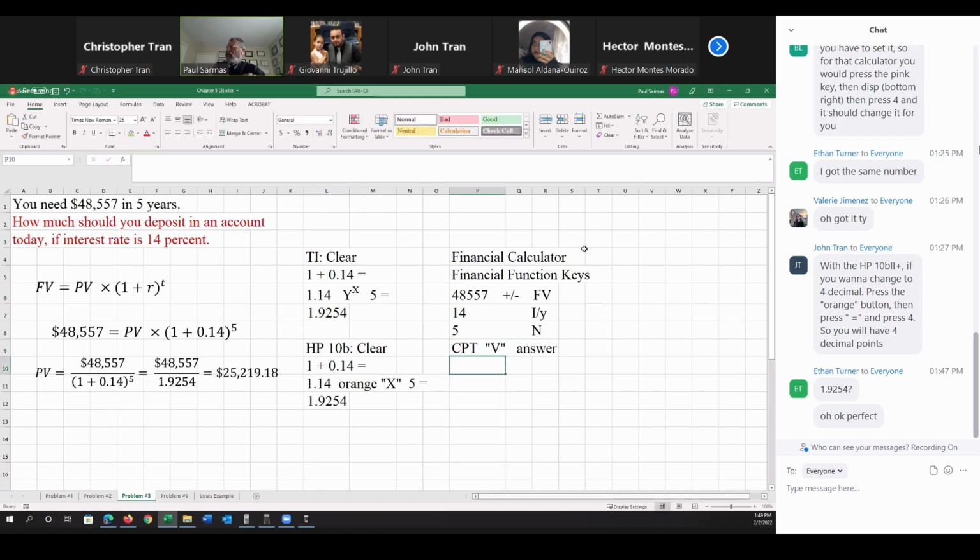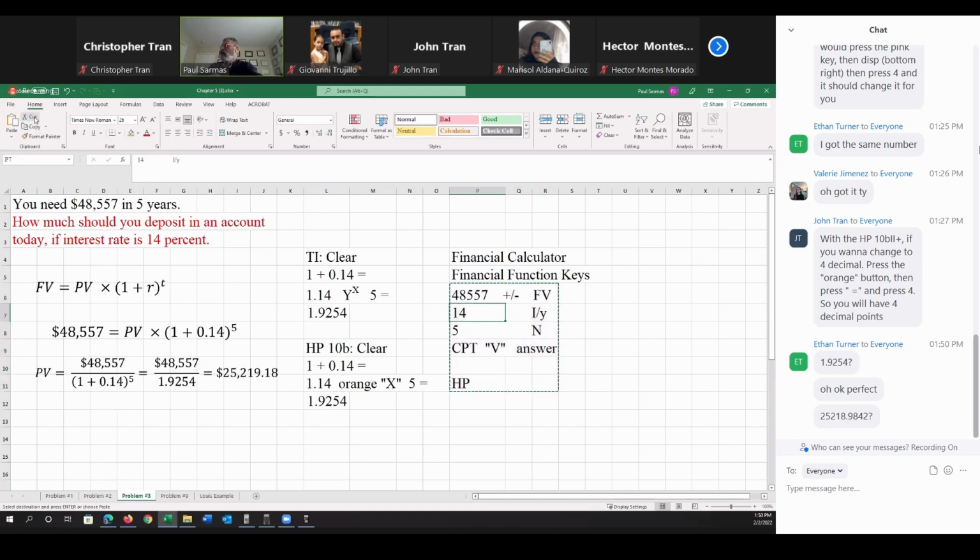the answer. This is for Texas Instrument. Let me make a note of that. TI, again, it's very important to remember you're clearing the calculator because now you're doing a different problem.